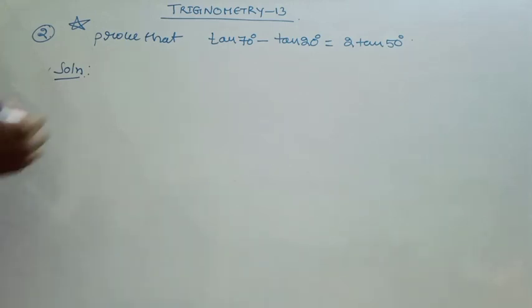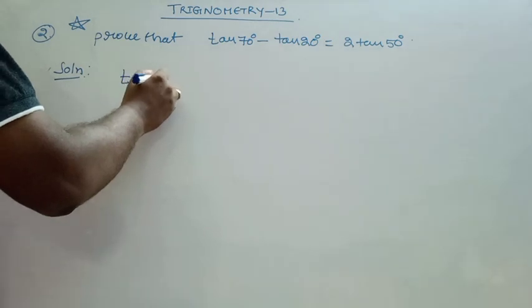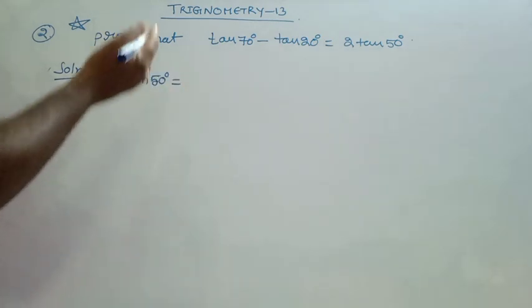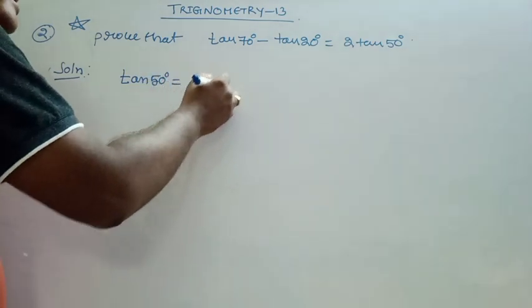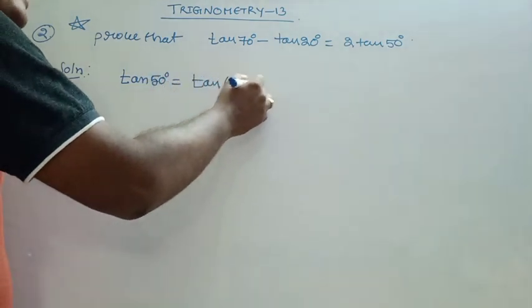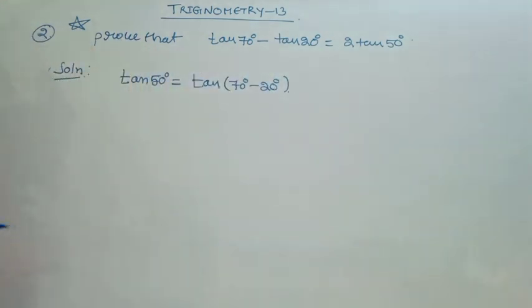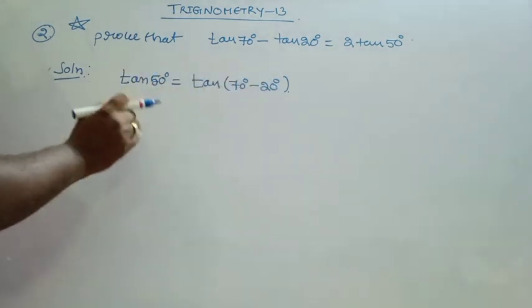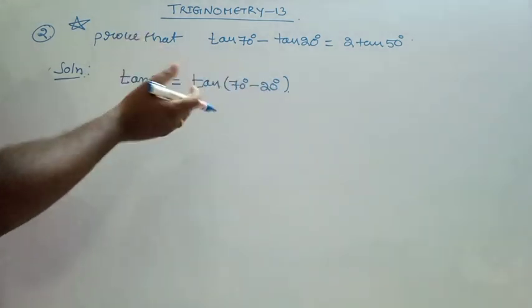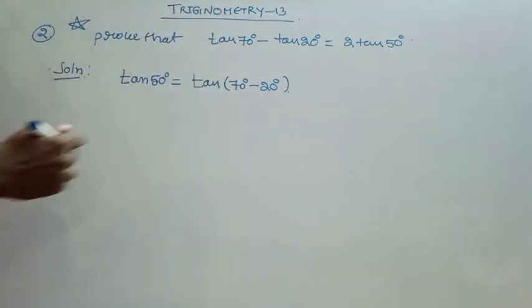For that what we do is, let us take tan 50 degrees. We can write it as tan of 70 degrees minus 20 degrees. That is the logic here. By taking this we are connecting all the three, 50 degrees, 70 degrees, 20 degrees, all three got connected here now.